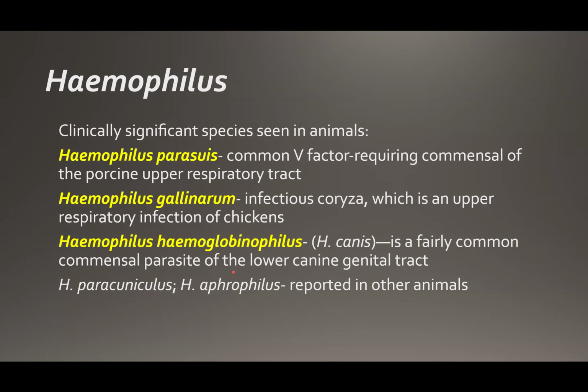And then in dogs, there is Haemoglobinophilus or H. canis, which is a fairly common commensal parasite of the lower canine genital tract. Then there are others, paracuniculus and aphrophilus, that are reported in other animals.